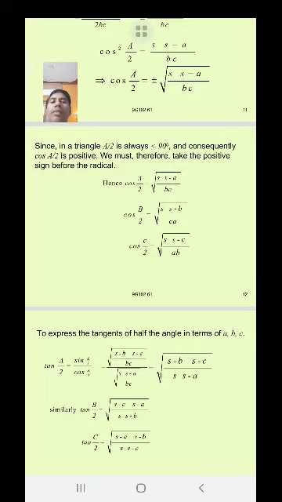Hence cos A by 2 equals under root of s into (s minus a) by bc, and cos B by 2 equals under root of s into (s minus b) by ca, and cos C by 2 equals under root of s into (s minus c) by ab. So here we have to keep the second factor in a bracket because the bracket is not printed.